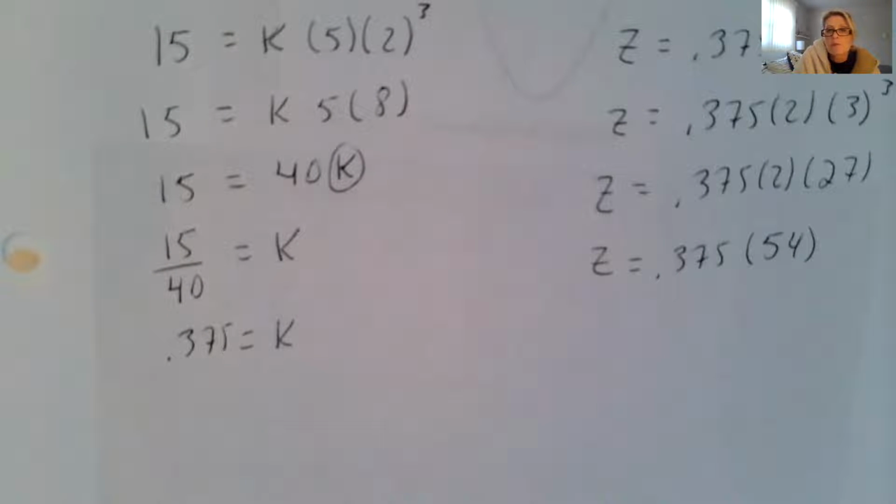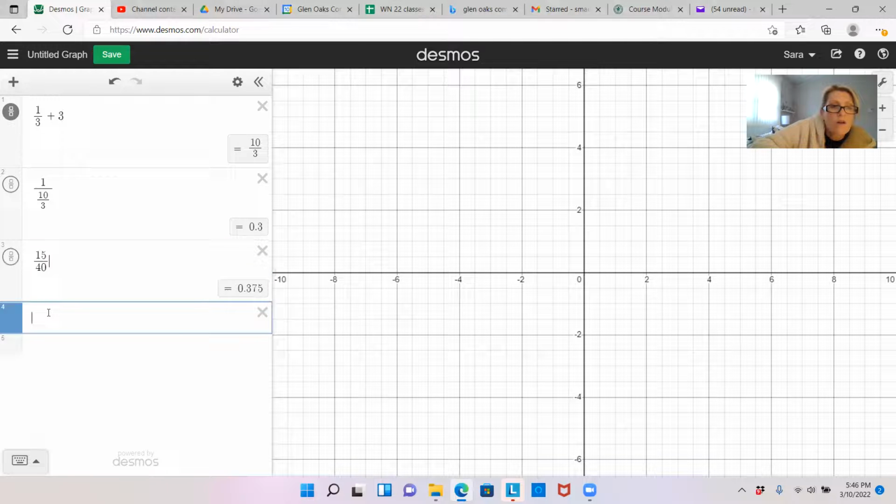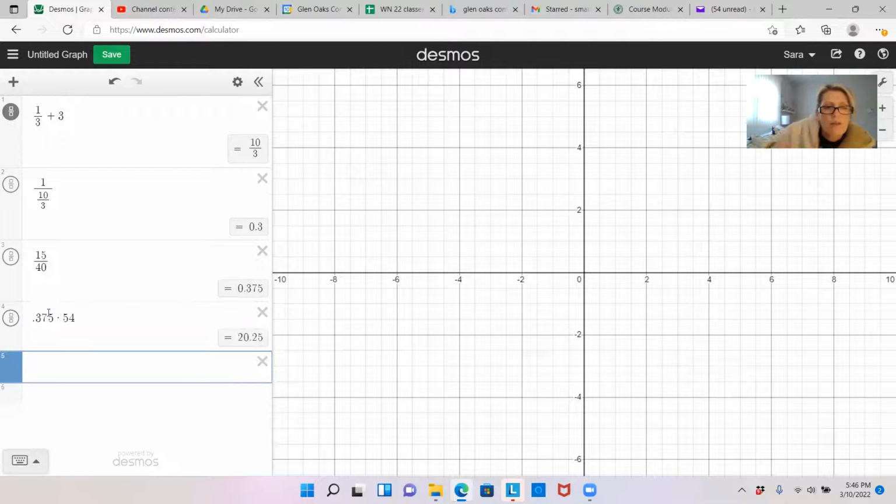We can go to Desmos for that. It is 20.25. So z is equal to 20.25.